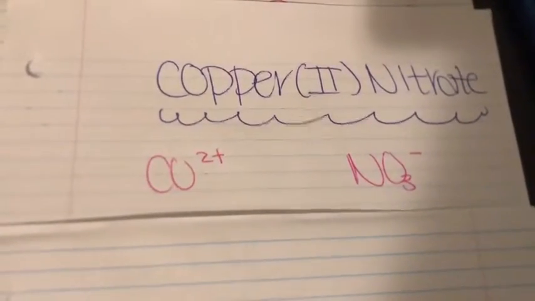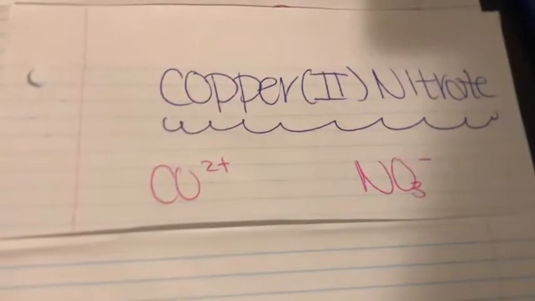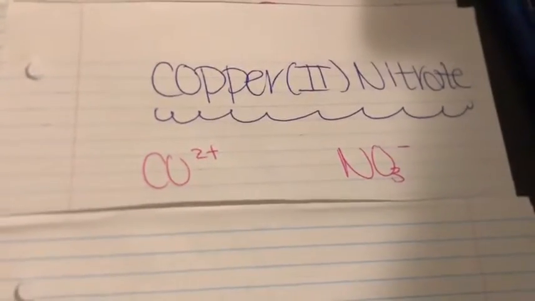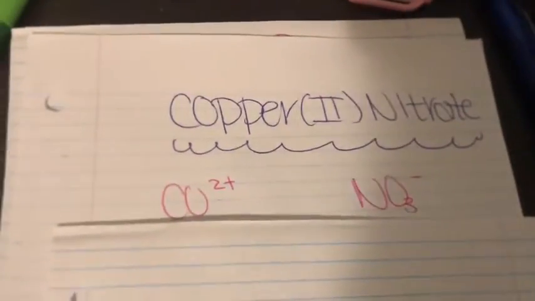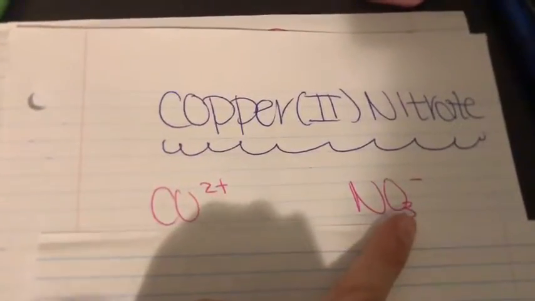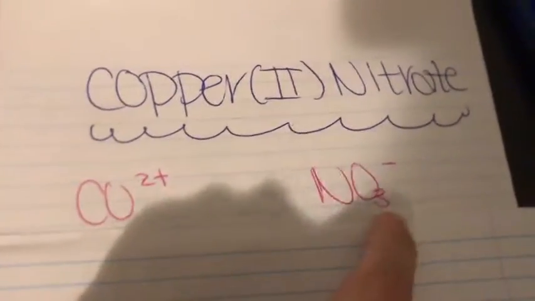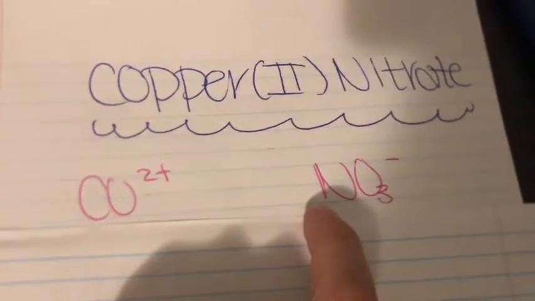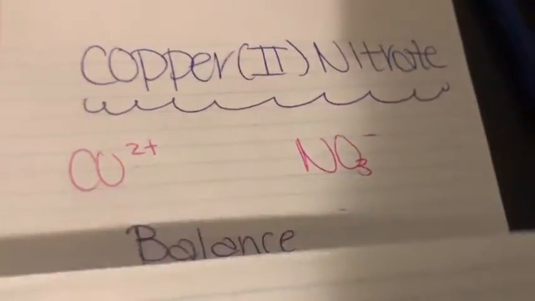So we know that the polyatomic for nitrate is NO3 -1, and for copper we know that the charge is +2. So now we need to balance them. Just like before, we're going to take this one and bring it down, but because this is part of a polyatomic, we want to keep the parentheses around there and only bring down the charge.